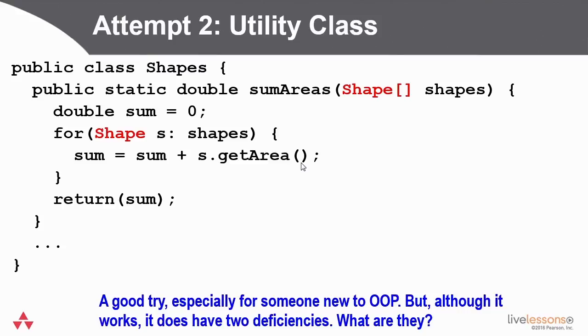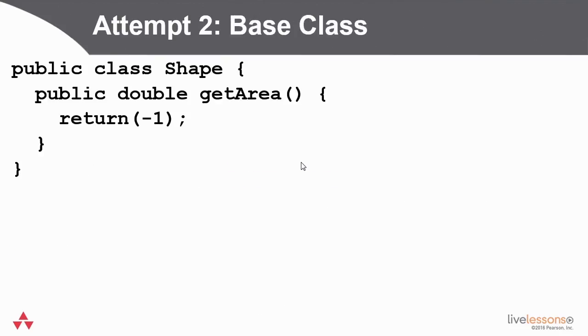The first problem is that shape is a normal class. So it would be perfectly legal to call new on the shape class: Shape s equals new shape. Well, but what's a shape? This is not like something in real life. It's just kind of the name of the category. The only reason we made a shape class is to make our code organized better.